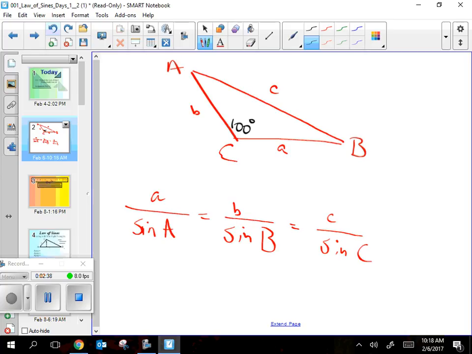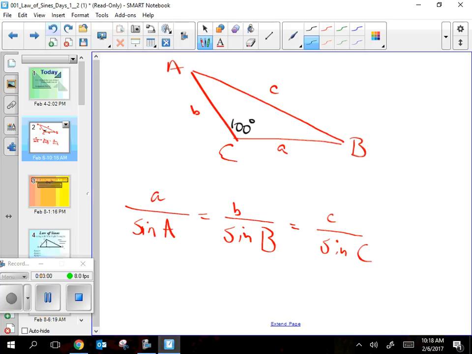Okay. And I personally am going to use that the little c and the big C are always going to be the biggest angle. You know, in a right triangle, C was always the hypotenuse, and that was always across from the 90, which was the biggest angle. So it's kind of like that. But then the A and the B, they can be either one.